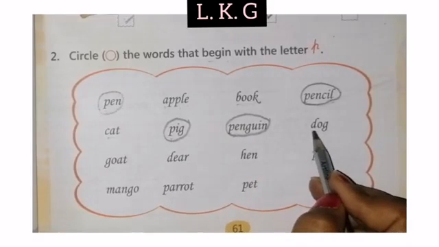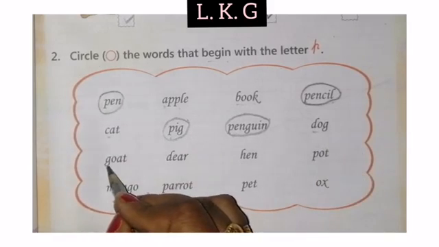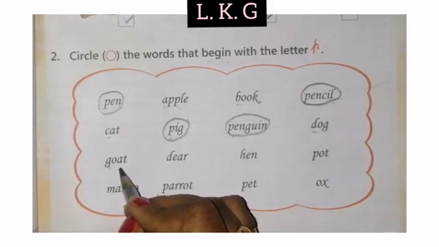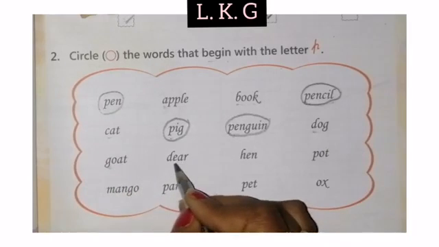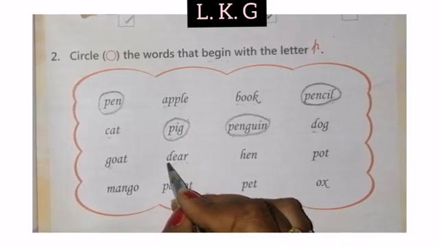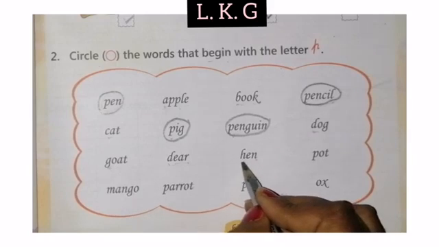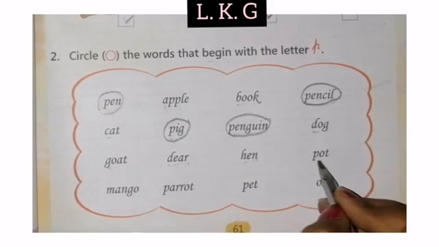Dog, it starts from D, not P, so we will not circle it. Goat, it also does not start from P, so we will not circle it. Deer, we will not circle it because it's D, not P. Hen, it starts from H, we will not circle it.